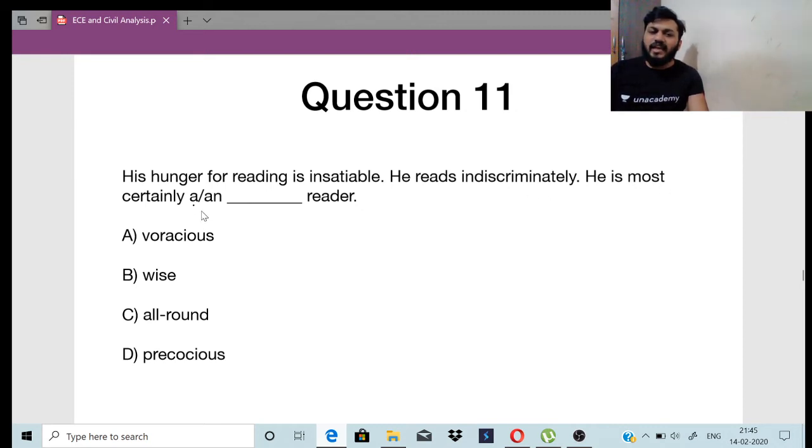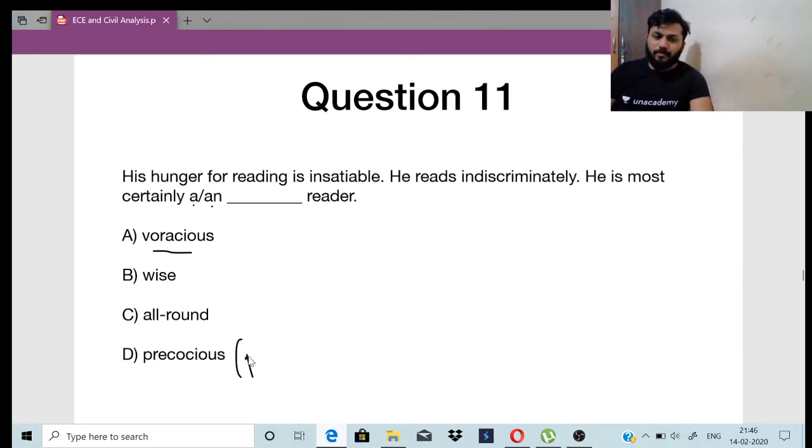He is most certainly a or an dash reader. Yes, he is a voracious reader.